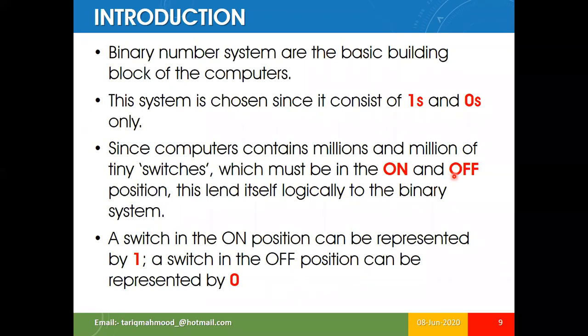This lends itself logically to the binary system. A switch in the on position can be represented by 1, and a switch in the off position can be represented by 0. This is the basic thing you have to remember: if the number 1 is given to a switch, it is turned on. When 0 is given, it is turned off.